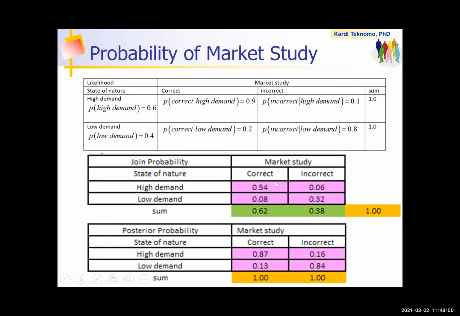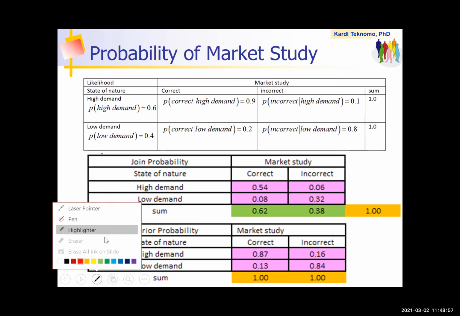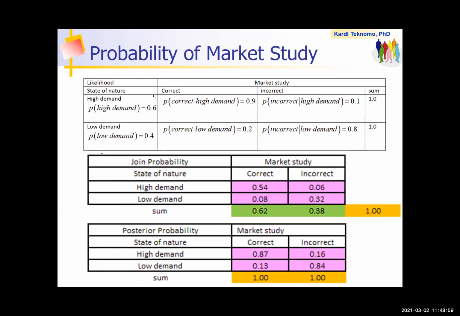That is from the high demand, which is 0.6 multiplied by 0.9. So this 0.6 multiplied by 0.9 will give you 0.54. Can you get this or not? Similarly, for the other numbers, 0.6 multiplied by 0.1 is 0.06, right?